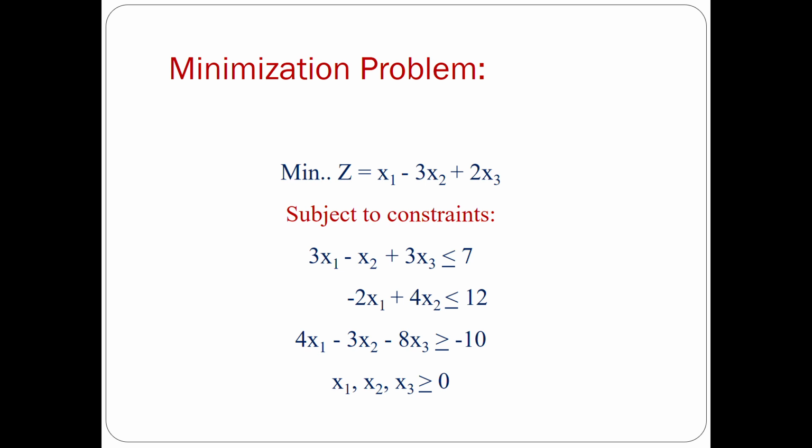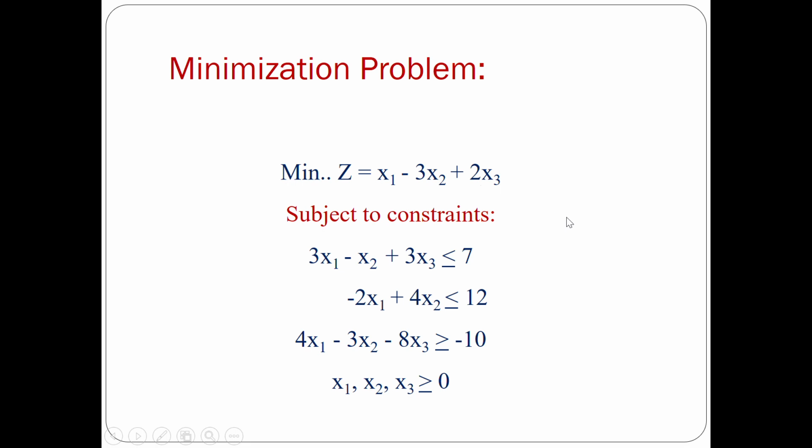How do we convert this? Just by multiplying the minimization objective function by -1, we can convert it into a maximization function. Here the minimization function is given as z equals x1 minus 3x2 plus 2x3. If we multiply this by -1, we get minus x1 plus 3x2 minus 2x3.